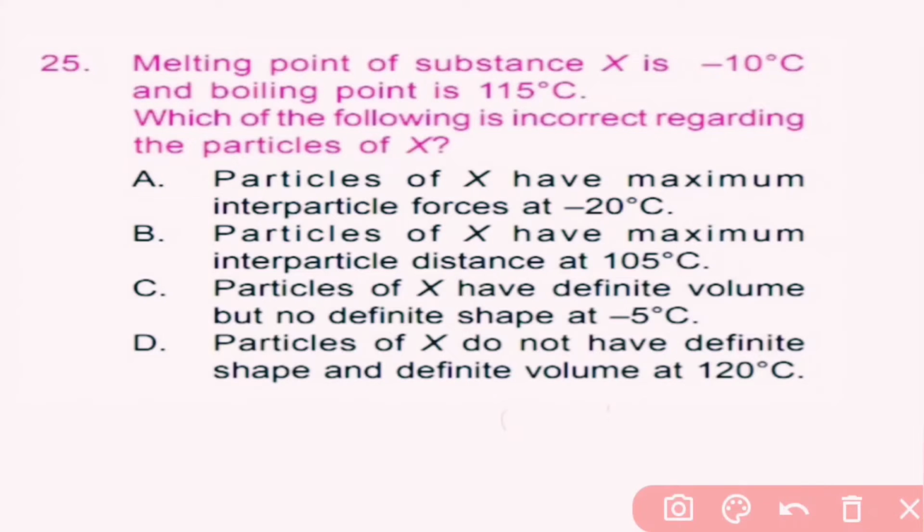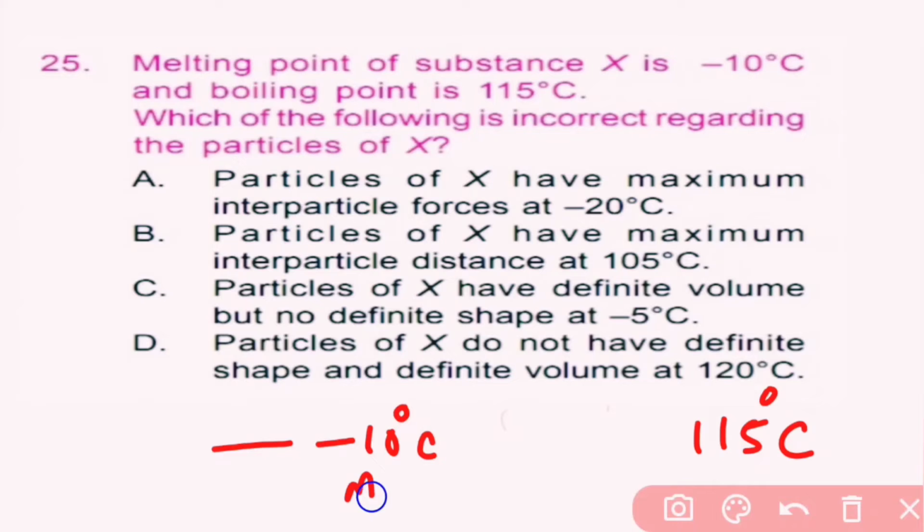Option B, particles of X have maximum intermolecular distance at 105 degrees Celsius. Option C, particles of X have definite volume but no definite shape at minus 5 degrees Celsius. And option D, particles of X do not have definite shape and definite volume at 120 degrees Celsius.